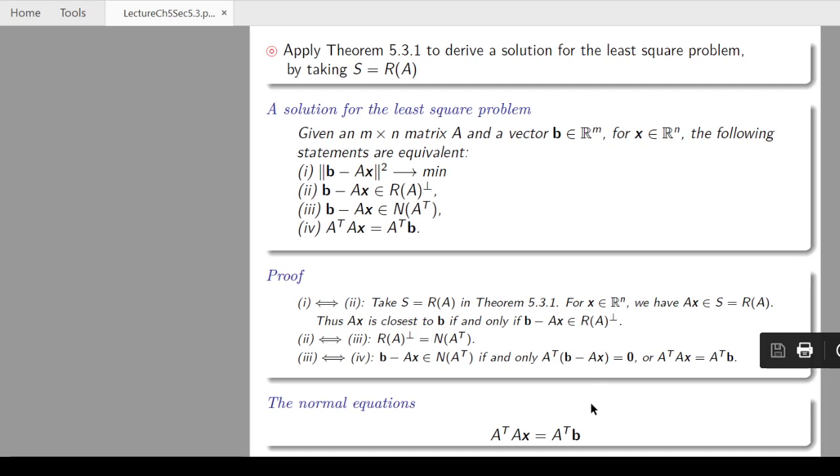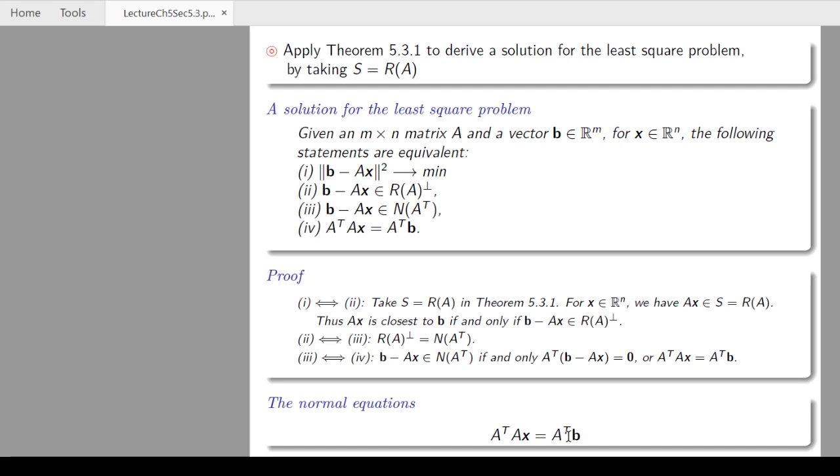The normal equations are the transpose of A times X equals the transpose of A times B. Now, how many equations do we have?